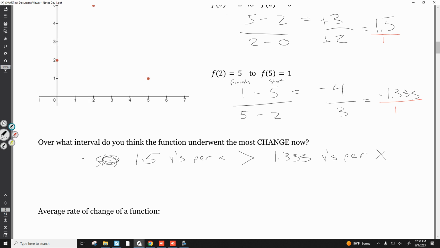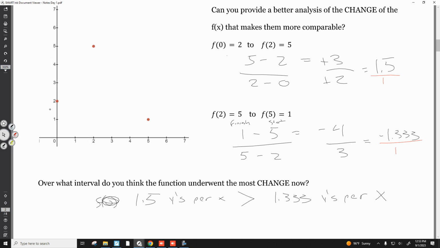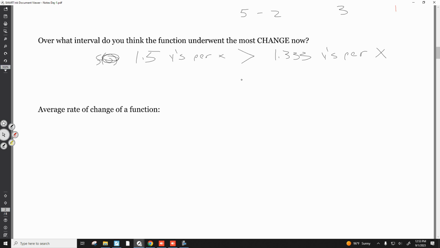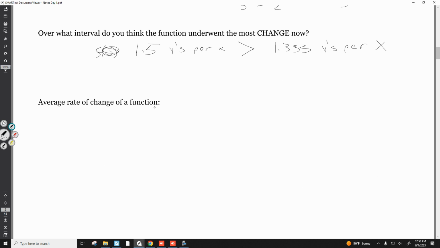I would say that the function underwent more change from here to here because I just created a rate of change. A rate of change are values that you can compare. You can compare how quickly things are moving on a y's per 1x basis. This is called an average rate of change of a function. It's change with context.